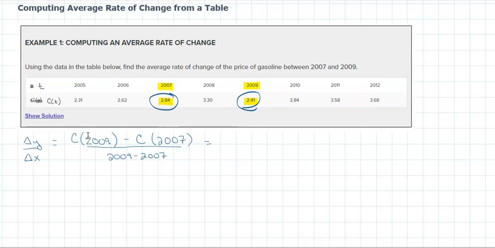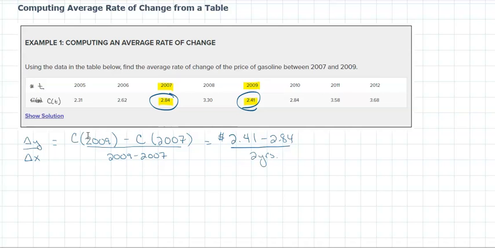Got a little delay in my internet here, 2.84. All right, so that means we're just going to write $2.41, and you can put the dollar sign if you want to keep track of that, minus 2.84 over 2 years.